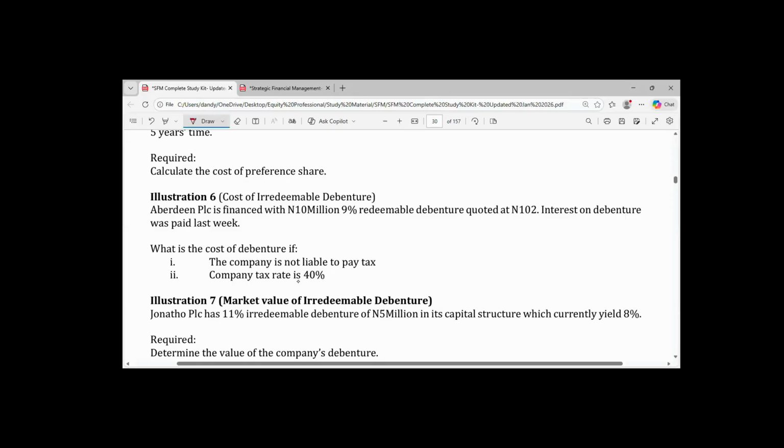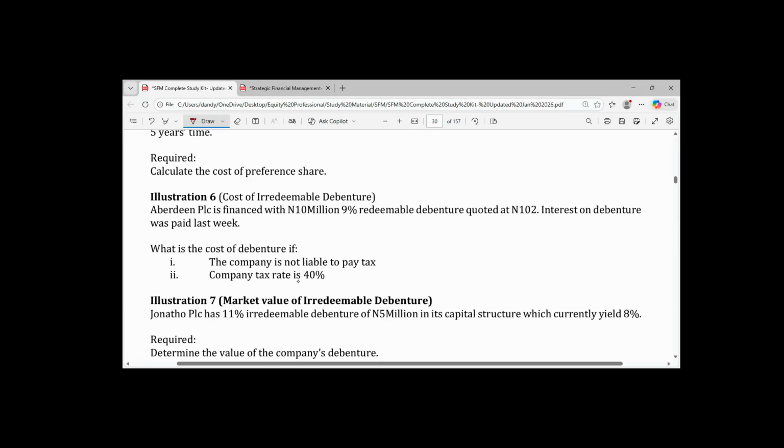All right. Then we began to discuss irredeemable debt and then redeemable debt. Under irredeemable debt, we said it is the one in which the company will pay annual fixed interest, but the principal will never be repaid.